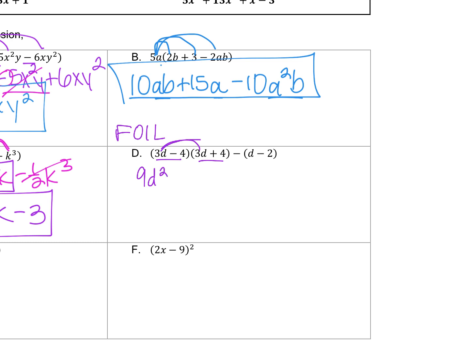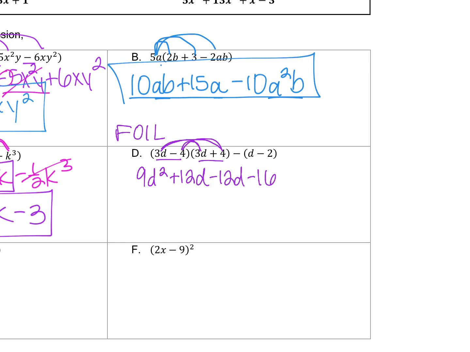Then the outside terms: 3d times 4 is 12d. Multiply your insides: negative 4 times 3d is negative 12d. And then multiply your last terms: negative 4 times 4 is a negative 16.